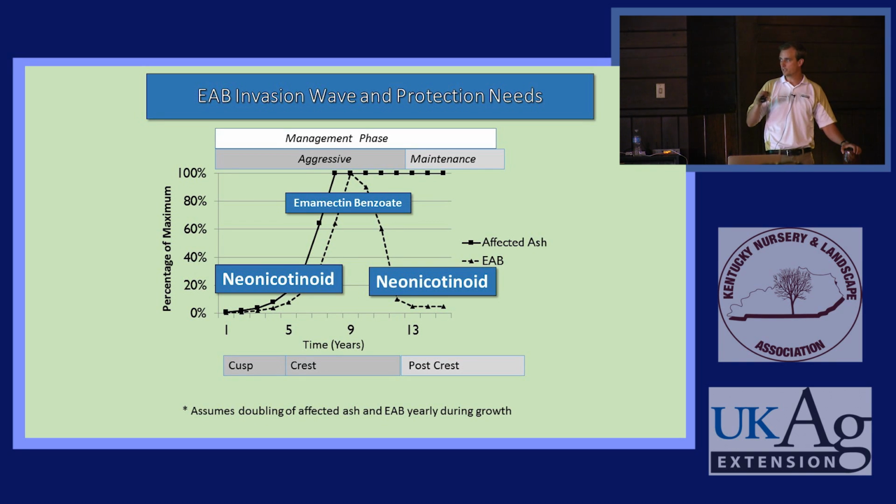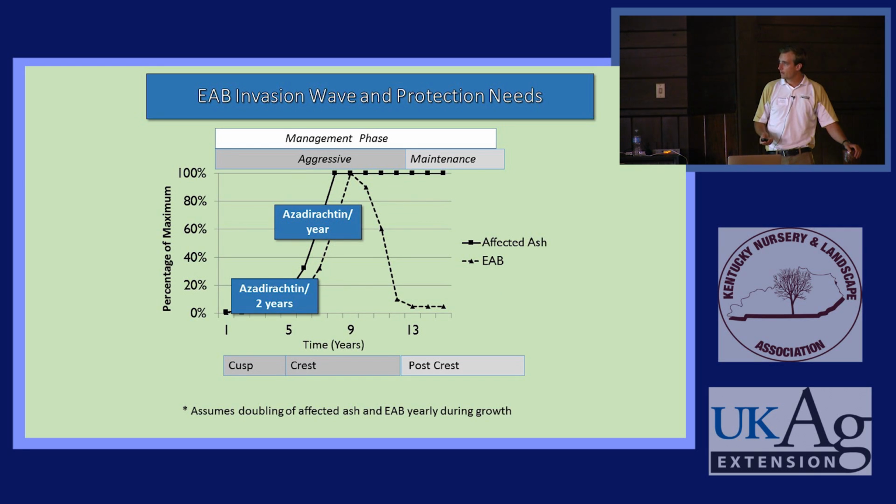So they're going into other areas around that epicenter, and hopefully we'll have some data in the near future that shows what we can do in the long term. If you want to use the azadirachtin, you would apply it early on every other year, and then as it progresses, you would amp it up to every year.